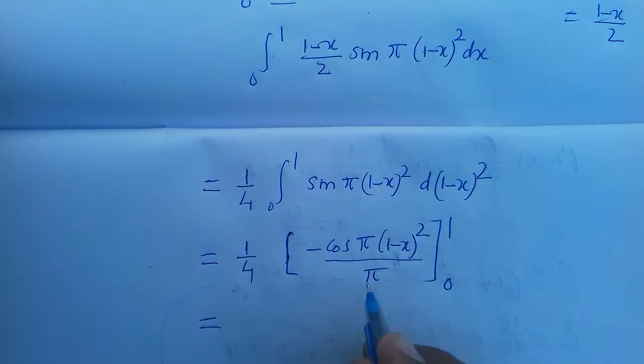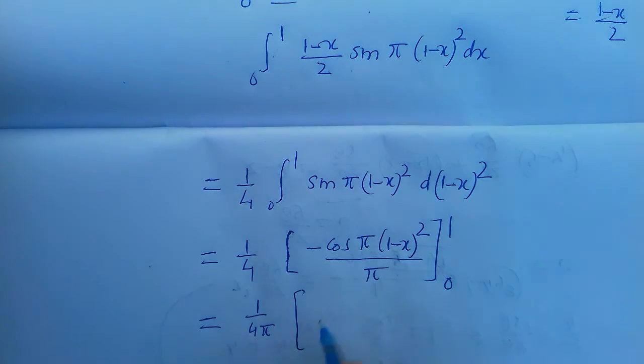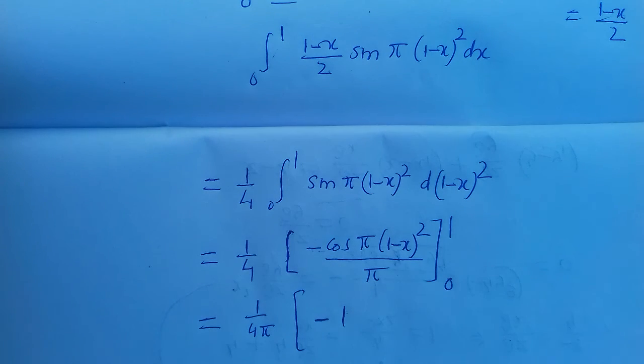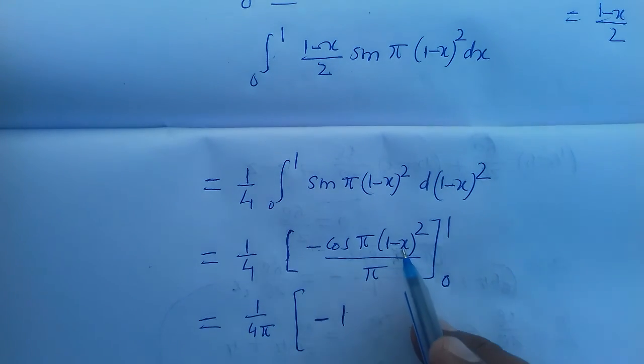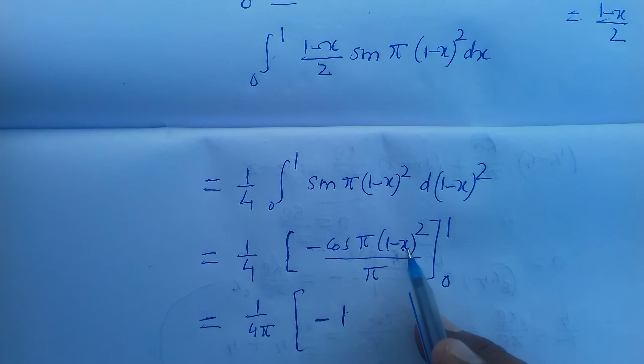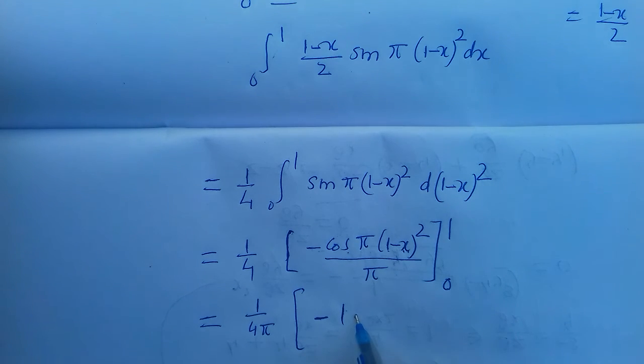Here 1 by 4 pi, if you take this pi out, first putting 1, this becomes minus cos 0, so here will be minus 1. Thereafter we put 0, this becomes 1, so cos pi, so here will be plus cos pi.